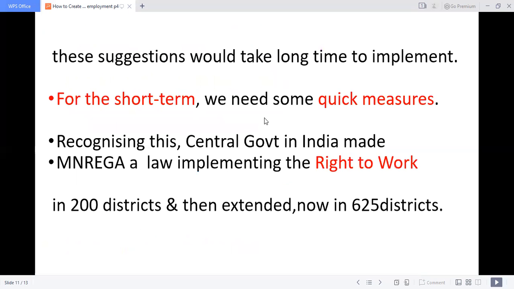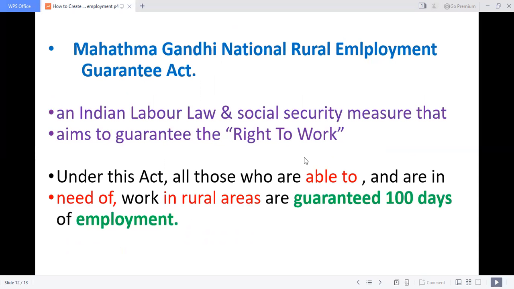For the immediate remedy, the government implemented MNREGA in the year 2005 under the Right to Work Act. According to this, a person who is able and in need should be guaranteed 100 days of employment in rural areas.